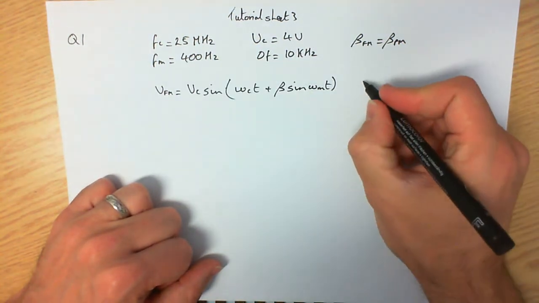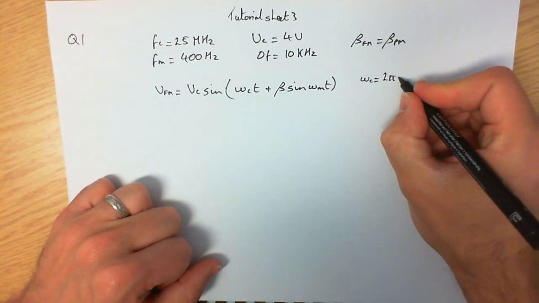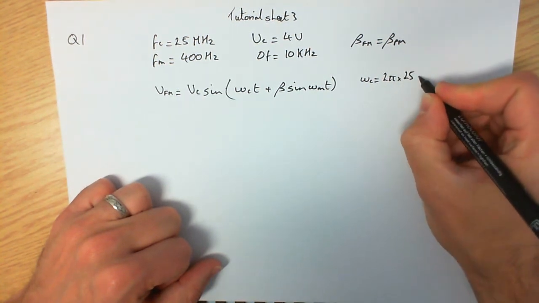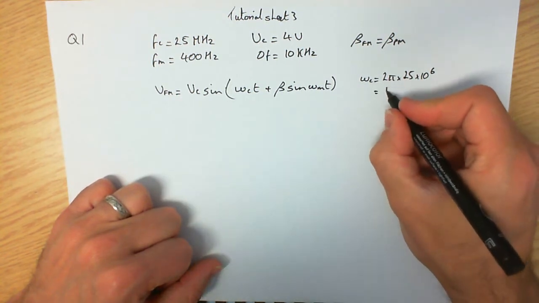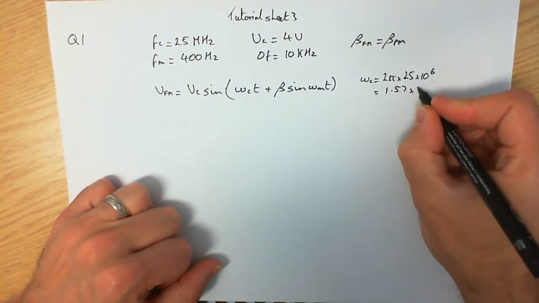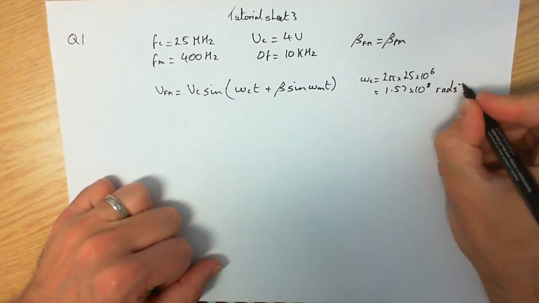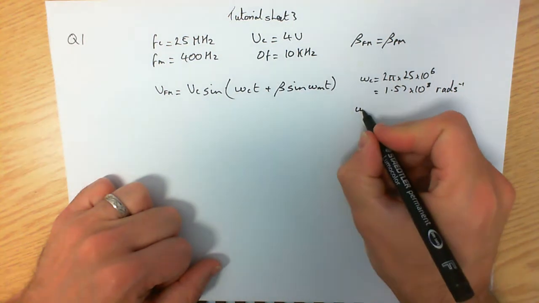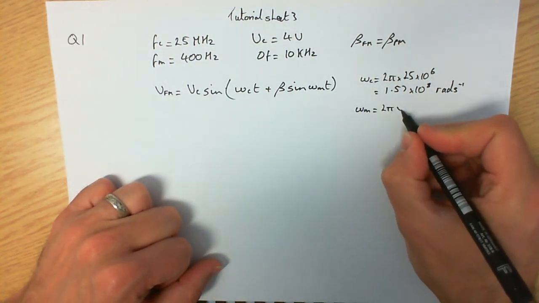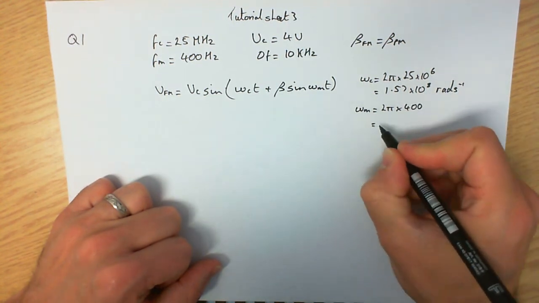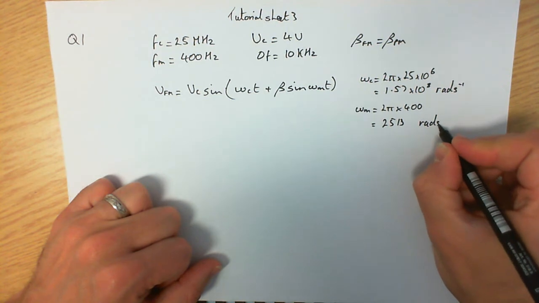So here we know that omega c is equal to 2 pi times 25 times 10 to the 6. If we work that out, we get 1.57 times 10 to the 8 radians per second. And omega m is equal to 2 pi times 400, which is equal to 2,513 radians per second.